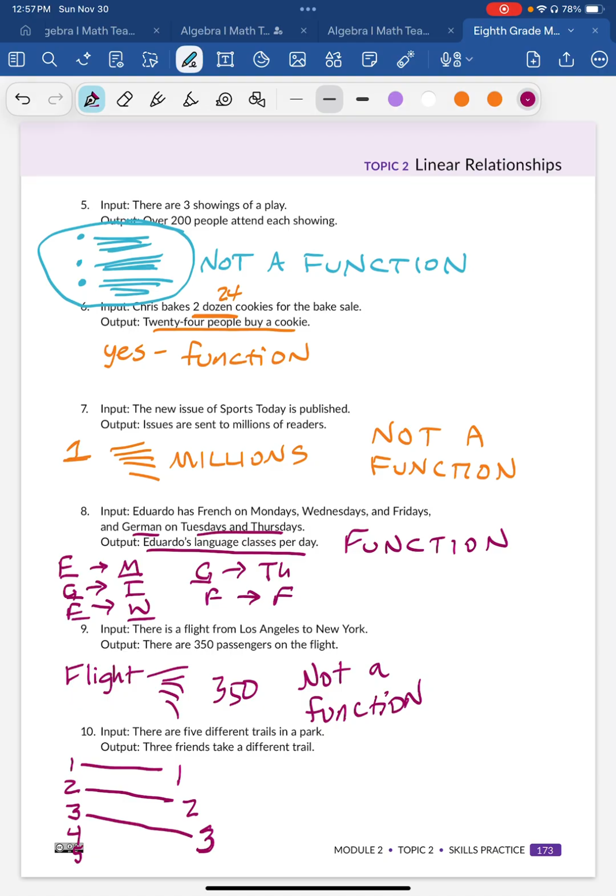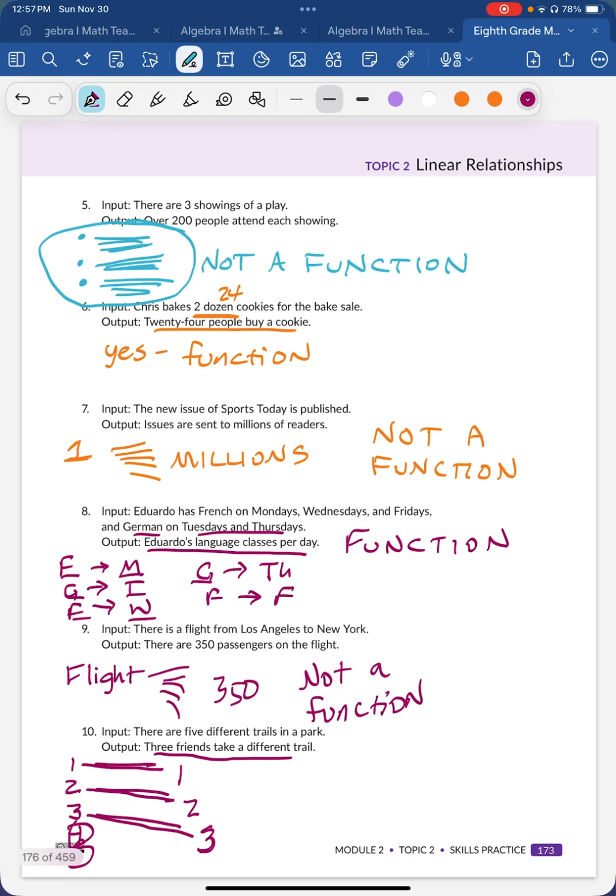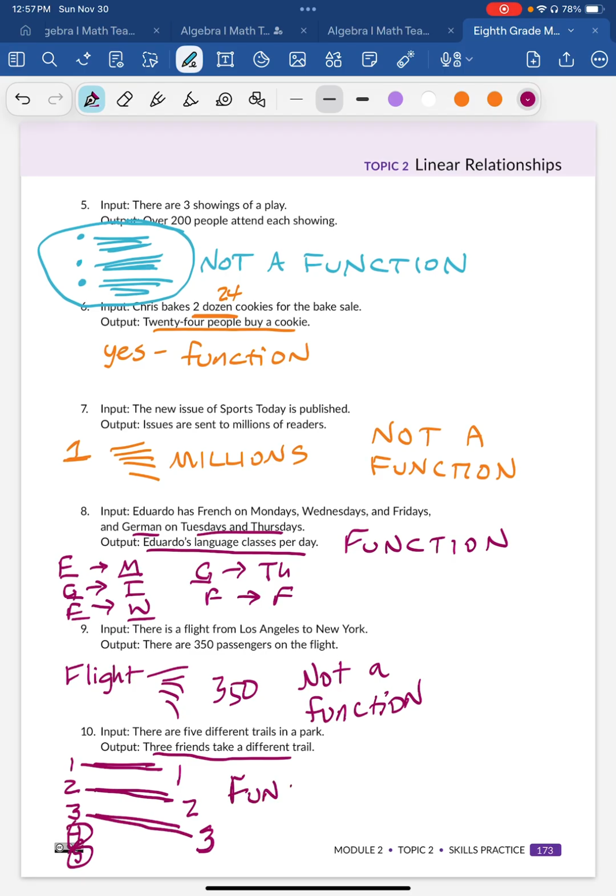So that's a function because they didn't use the fourth or the fifth, but the 3 friends took a different trail. And I'm taking that to mean they all 3 each took their own trail. So I'm going to say that's a function.